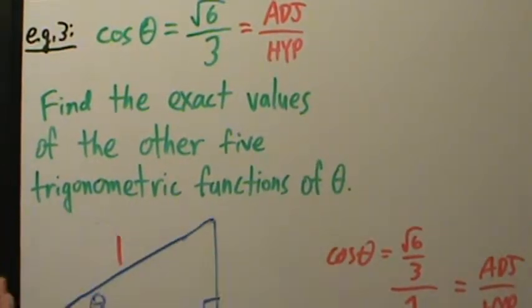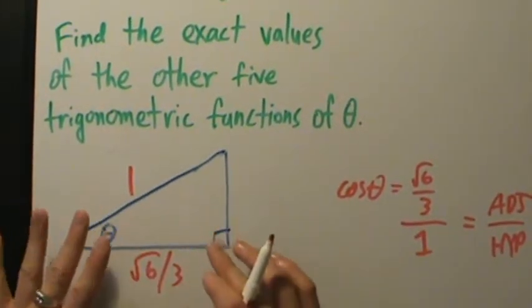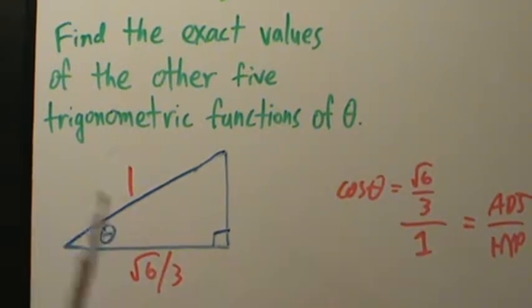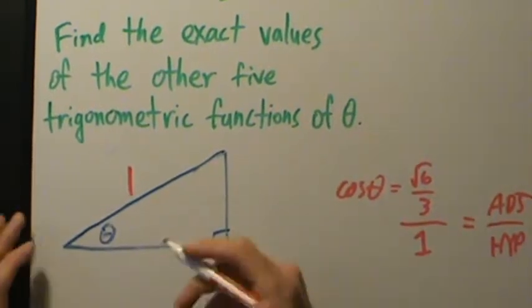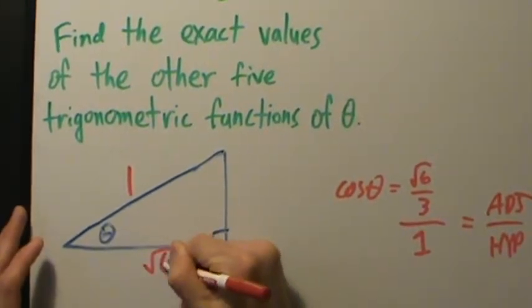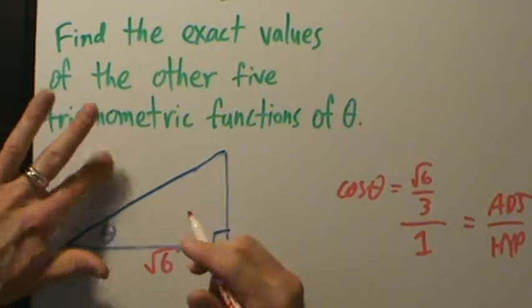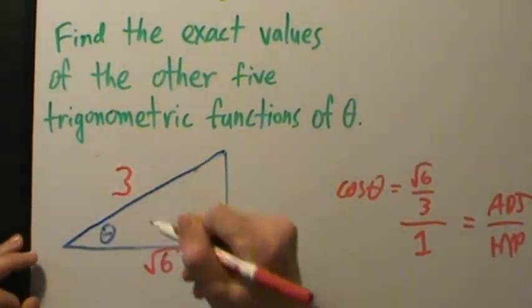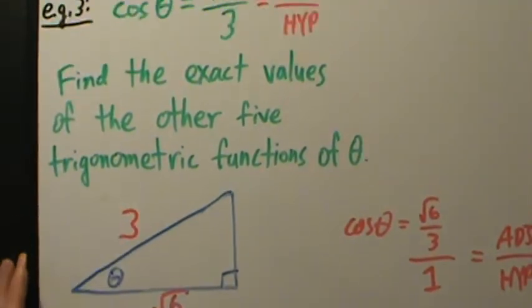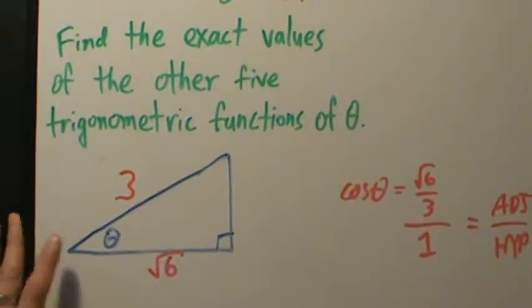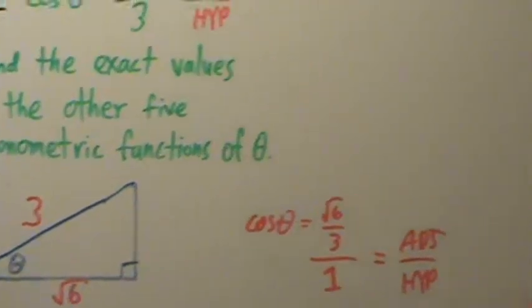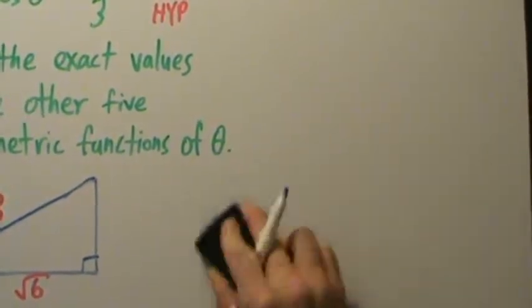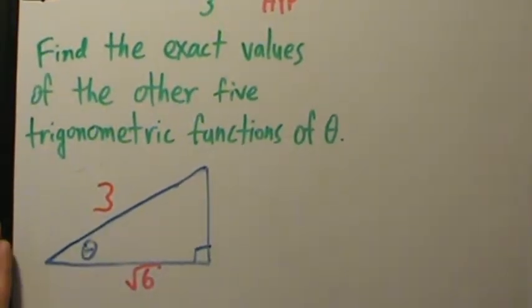But it's going to make the math a little more complicated, and we really don't want to mess around with that. So while that is doable, it's probably not the best way to go about doing it, because we want to keep things as simple as possible. So we should just leave this as root 6 and 3. Again, cosine of theta is adjacent over hypotenuse, root 6 over 3, and let's just not think about it the other way. Okay, so that's that.